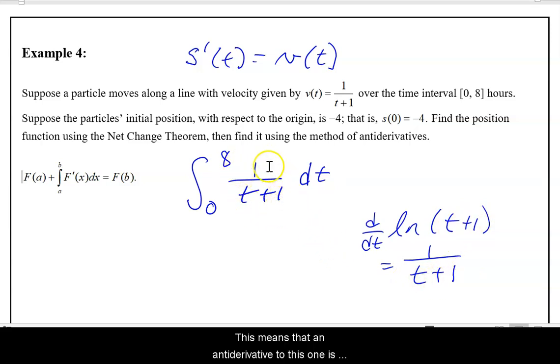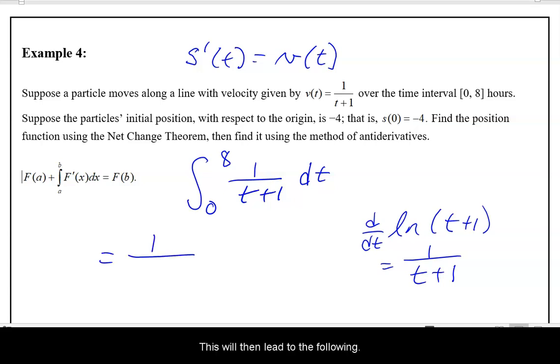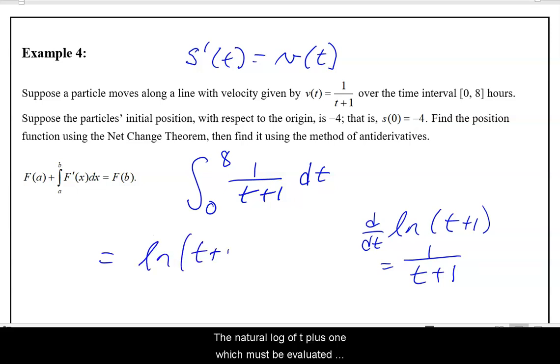This means that an antiderivative to this one is the natural log of t plus 1. We can use that idea to undo this derivative. This will then lead to the natural log of t plus 1, which must be evaluated between 0 and 8.